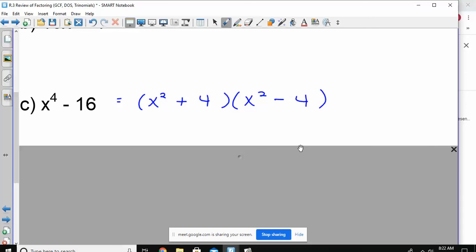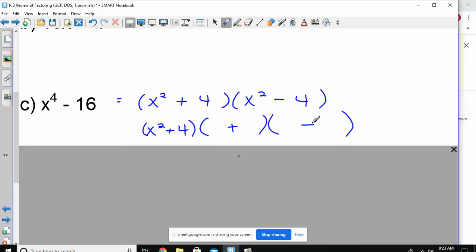This one is a plus, so we can't do anything with it. This one's a subtraction, but aren't both of these still perfect squares? So we can break it down again. So the x squared plus 4 just stays, it doesn't factor. But I can do difference of squares again on this one.